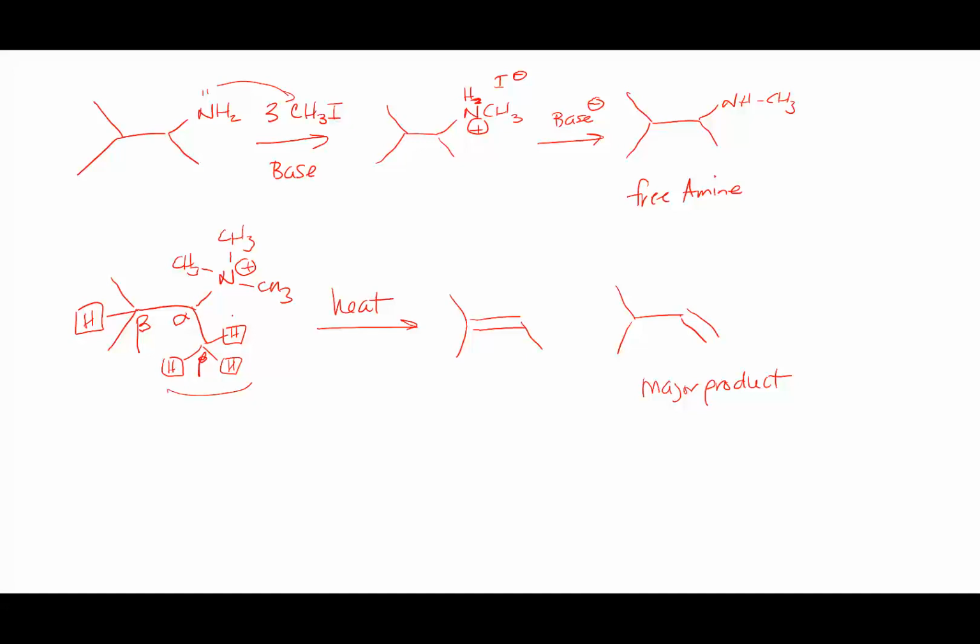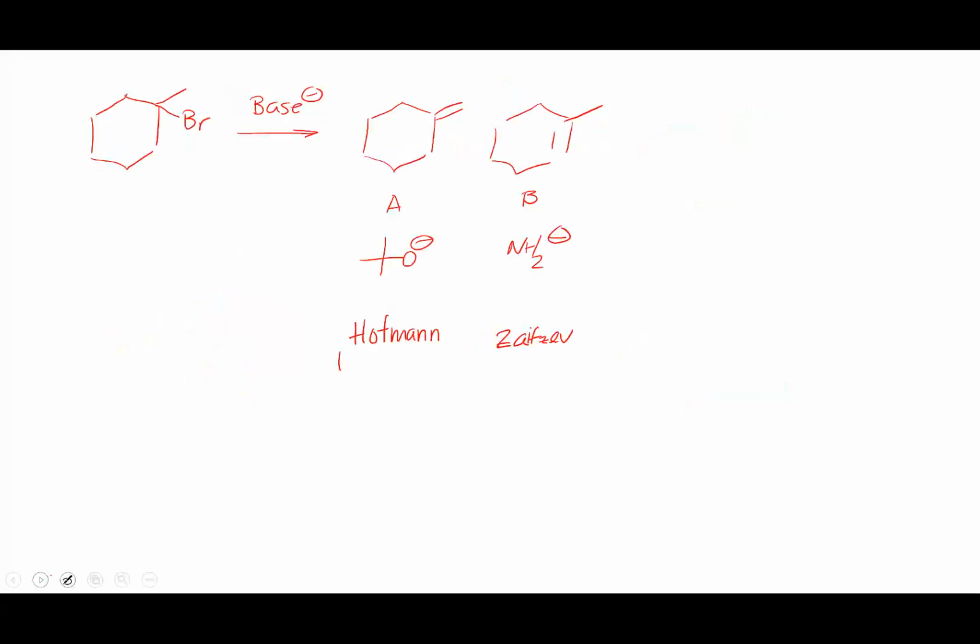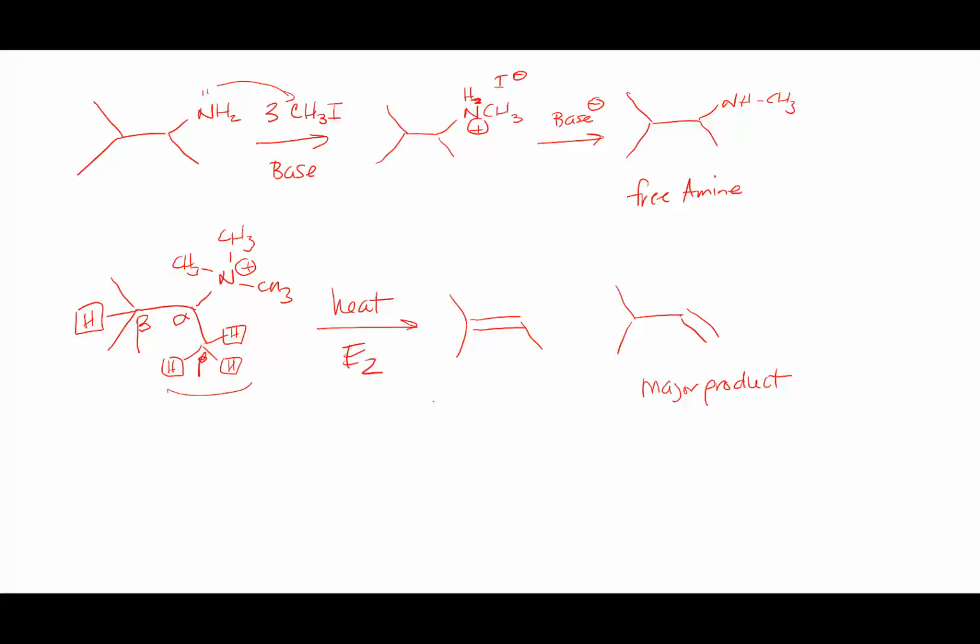So that changes the mechanism so that there's one criterion that we use to predict the major product. And that's this. Whatever beta hydrogen I lose, this is still an E2 mechanism.